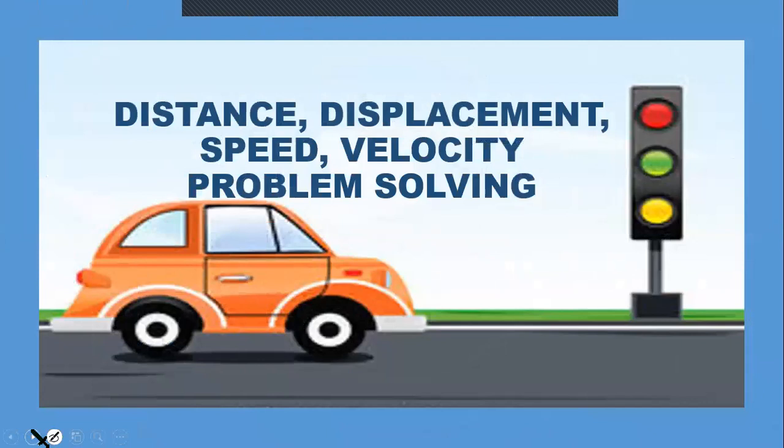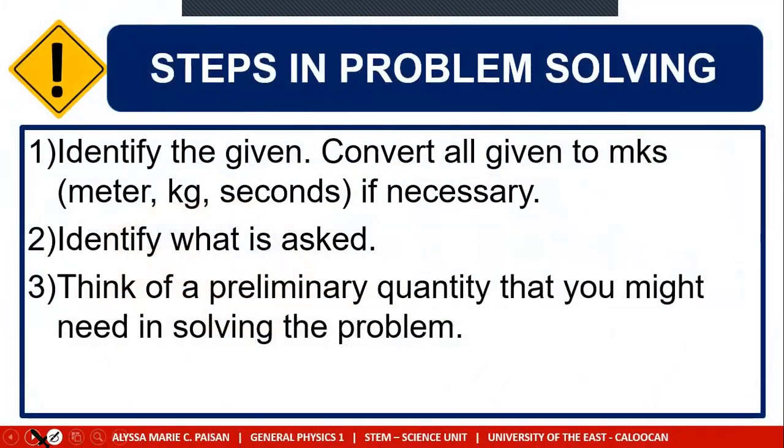Let's start the first parts of problem solving. This time, we're just going to involve distance, displacement, speed, and velocity. Here are the steps in problem solving. Number 1, identify the given, and convert all given to MKS or standard SI units if necessary. Identify what is asked.